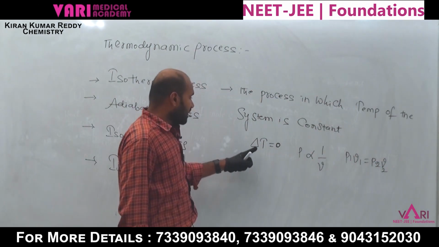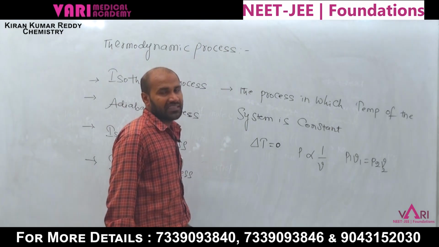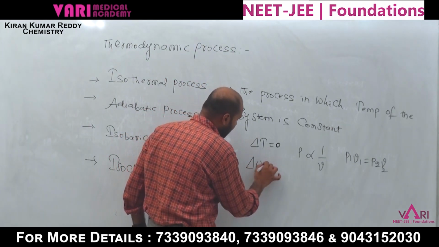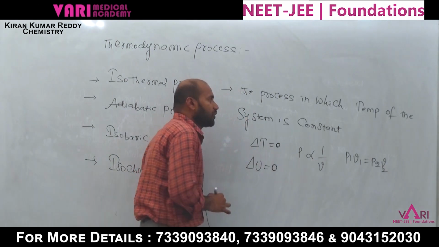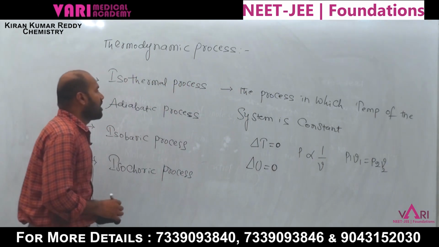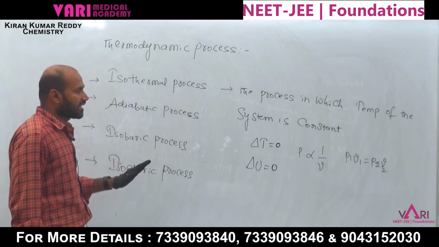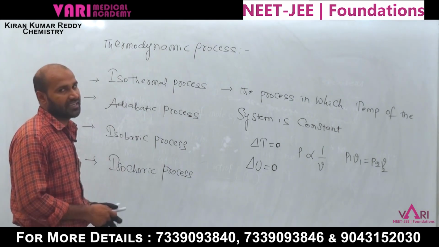Here delta T is 0, which means in isothermal process delta U, the internal energy, is also 0. This process is called isothermal process. The process in which temperature of the system is constant.